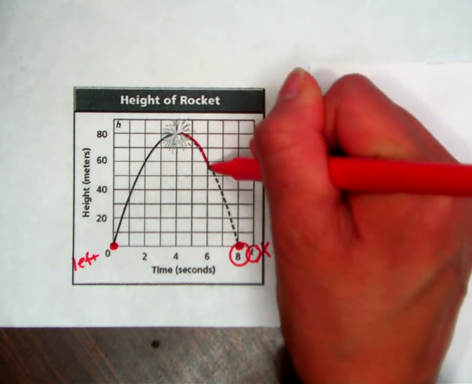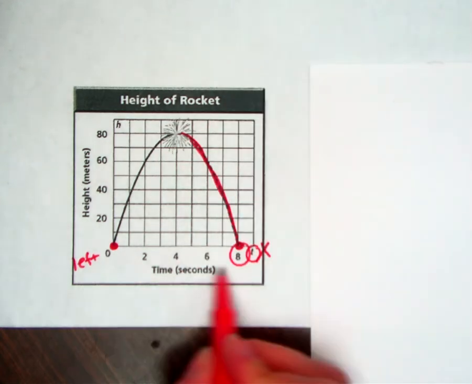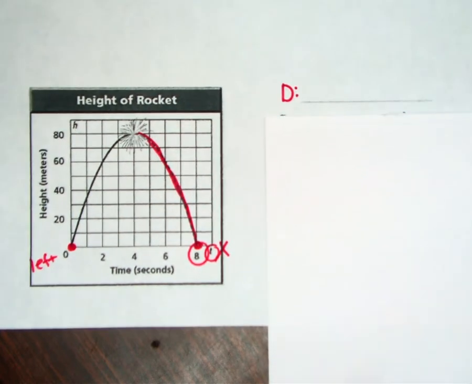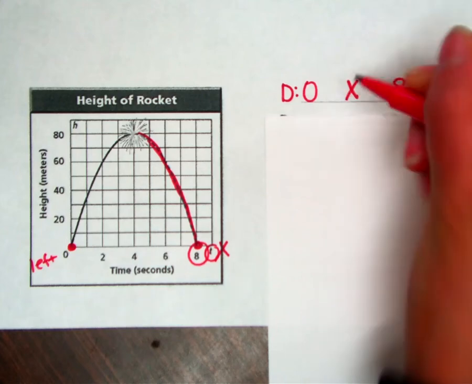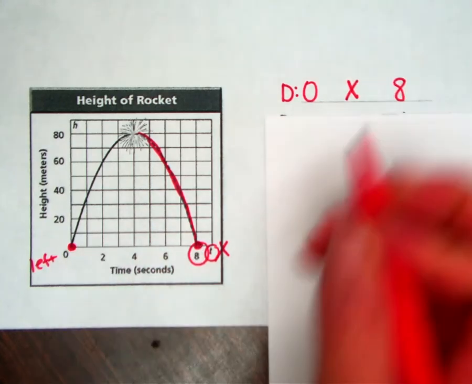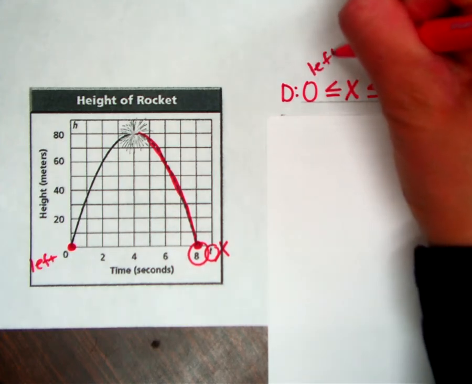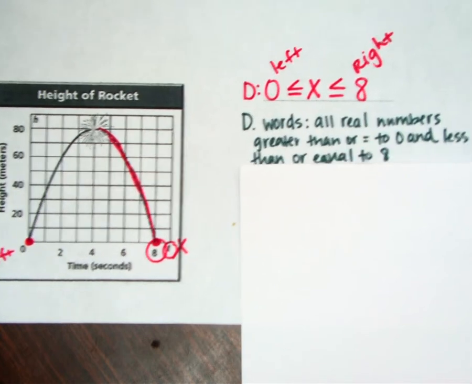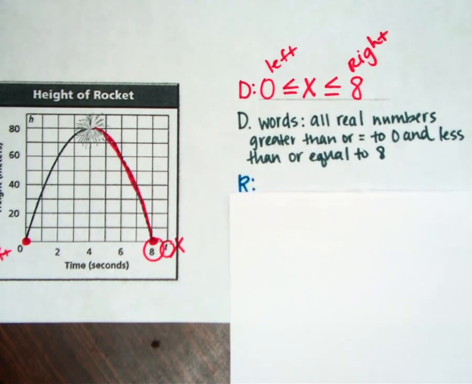We're including all of the points on this line, okay? So if your graph is going from left to right, from 0 to 8, our domain would be from 0 to 8. X goes in the middle. Both of these are included on the line, so they're less than or equal to. Again, from left to right. So all real numbers greater than or equal to 0 and less than or equal to positive 8.